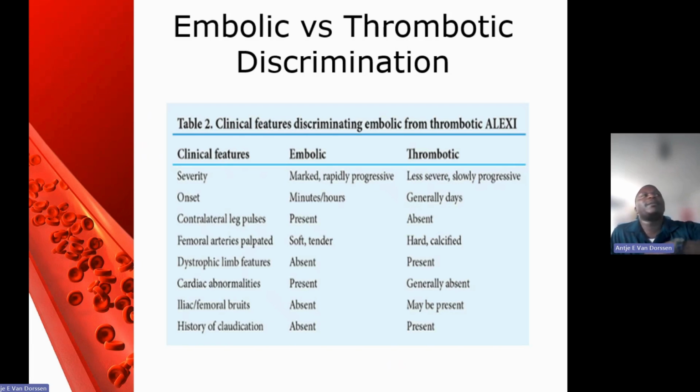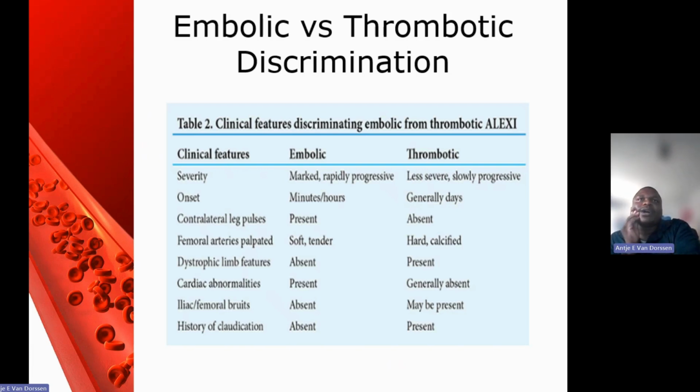Whereas in the thrombotic case, remember, it develops over time, and these patients sometimes have less severe pain and its progression is very slow. And of course, the onset will be within minutes in an embolic cause, whereas it will generally be days to months in a thrombotic cause.